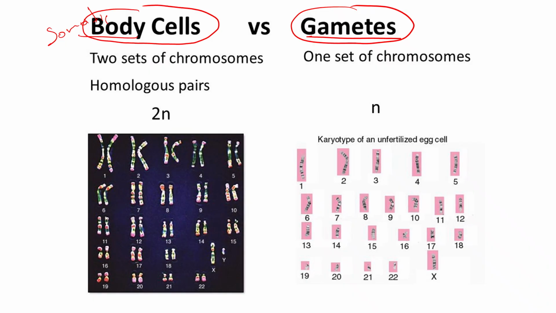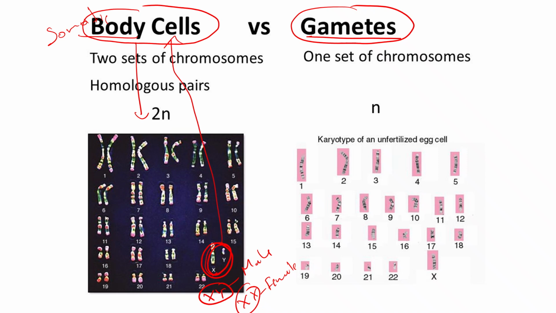First notice that what we have here is 23 pairs of chromosomes, and the last pair is the chromosomes X and Y. By looking at this map of the chromosomes, XY represents male and XX represents female. So based on these chromosomes, we know that this belongs to a body cell from a female, okay?